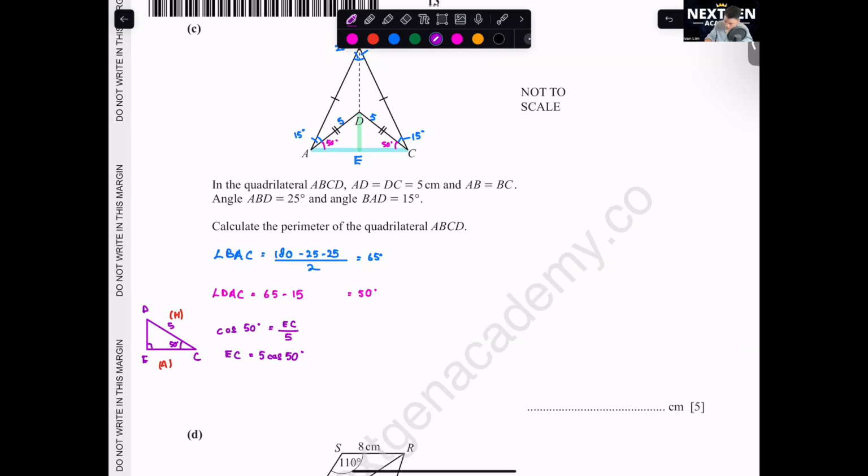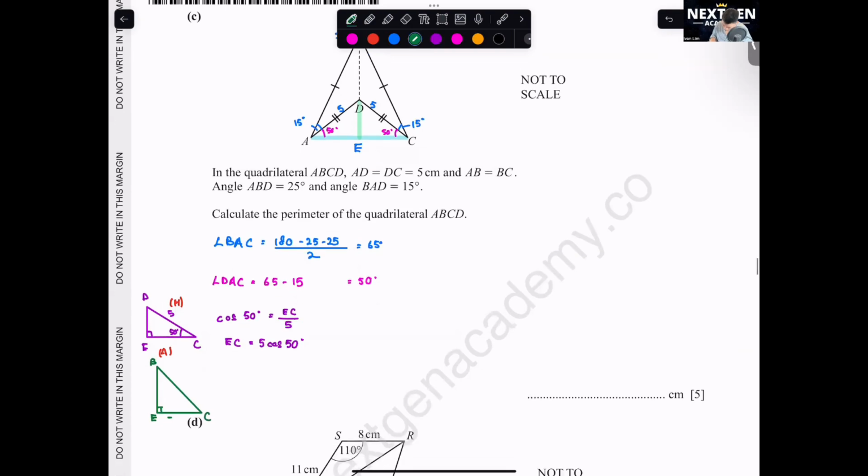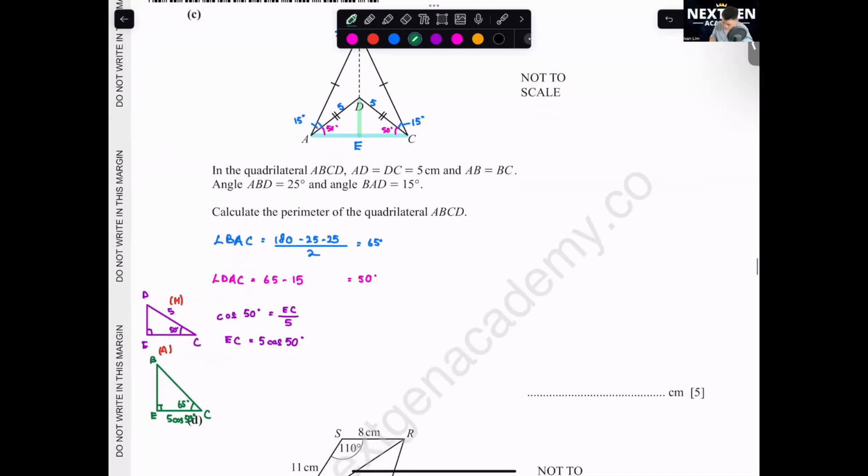And why do I use this? Because this big triangle, the bigger one, which has BEC, like this. Now this one is 5 cos 50 degrees. I've got the angle here is 65 degrees. I want to find what BC is. So same thing again, adjacent over hypotenuse.